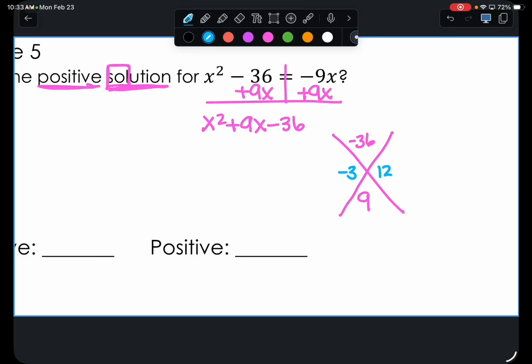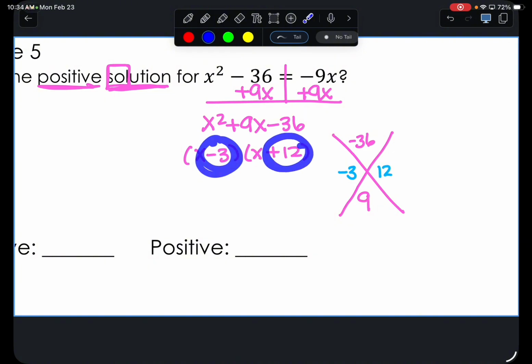It is x minus 3, x plus 12. Once again, a lot of students, especially with a problem like this, if you jump the gun, could easily make a mistake and say, oh, well, my negative solution is negative 3 and my positive solution is positive 12. But what have they forgotten to do? They forgot to solve.